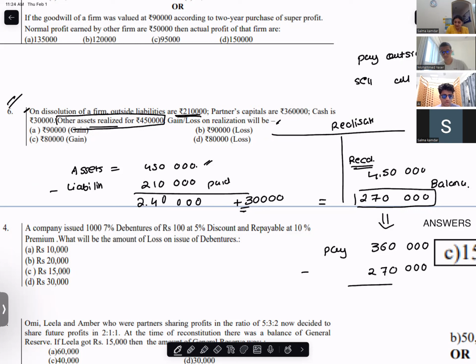So that means after paying, I still have to pay them. I have 2,70,000 left. Do the minus yourself without the calculator. 10 take away 7 is 3, 16 minus 7 is 9, and so on. So 90,000 is the deficiency that I have after I sell my assets and pay liabilities. I am unable to pay partners 3,60,000. So what would be my profit or loss on realization?